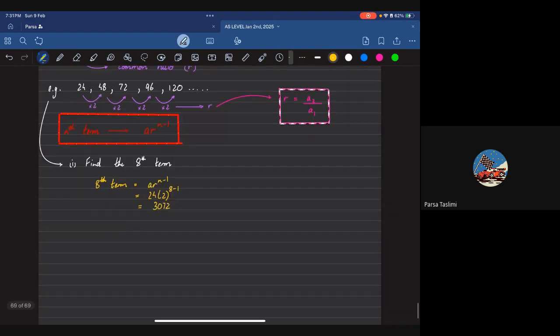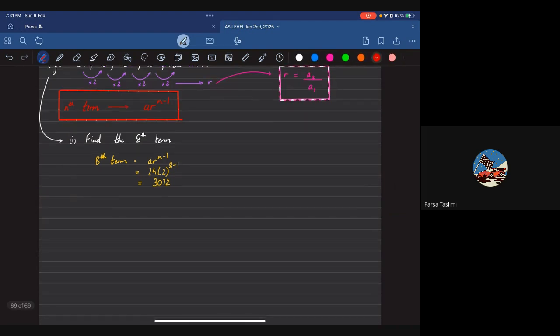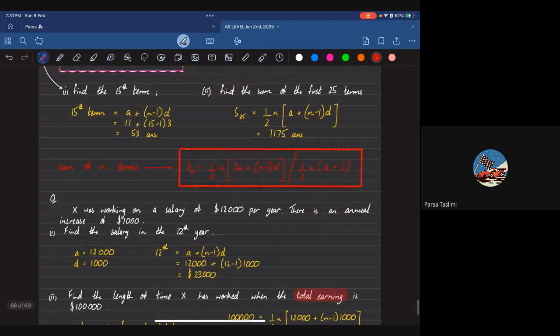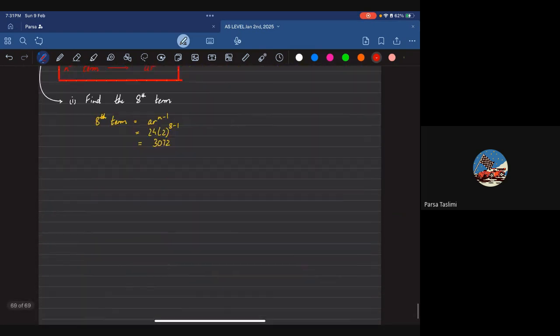Now, usually what happens is, what if they ask you to find the sum of terms? Just as we did above, where we found the sum of n terms, we're going to do it again.